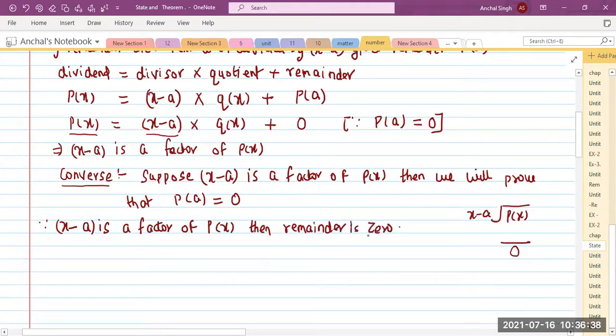Okay. Now suppose we are not dividing it by this method, suppose we are using the method of remainder theorem. By remainder theorem, just tell me, when Px is divided by x minus a, then what will be the remainder? Suppose we are not dividing by division, we are dividing by remainder theorem. So what will be the remainder?